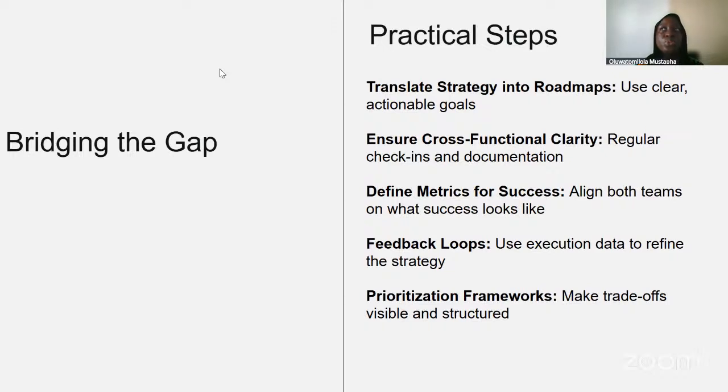Don't just do something because, oh, I'm trying to solve a problem, or everybody's doing fintech. Let me jump on the bus and do fintech too, without a proper strategy and without proper road mapping. Then another practical step is to ensure cross-functional clarity, regular check-ins and documentation.